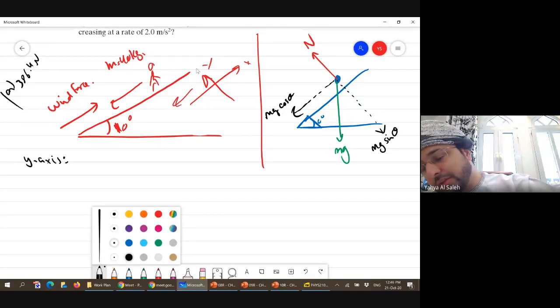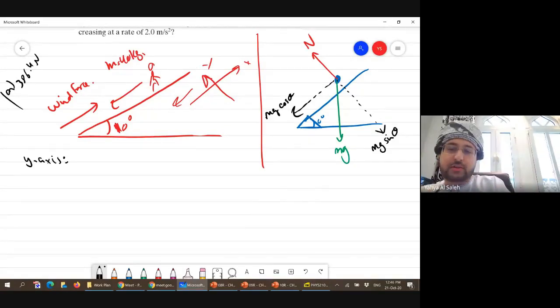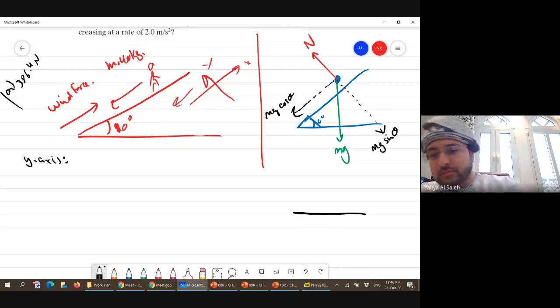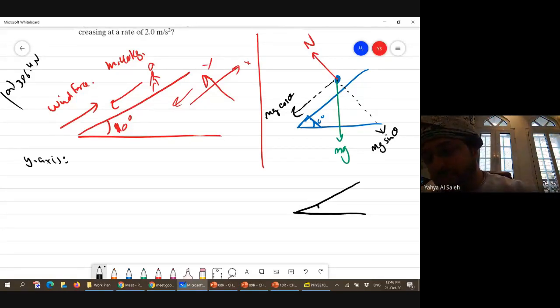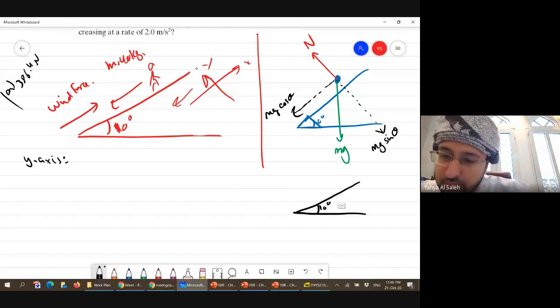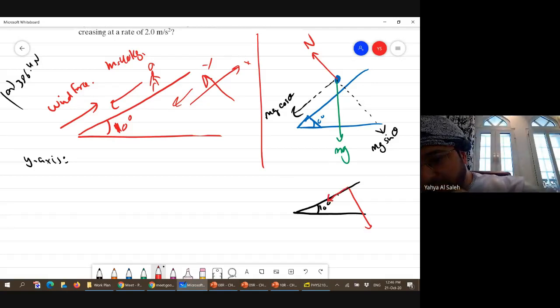Okay, let's do it together. Let's do it together and see which one is sine and which one is cosine. We have this to be 10 degrees. We are doing this.